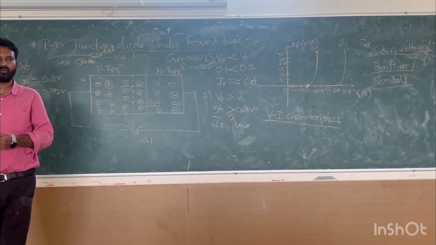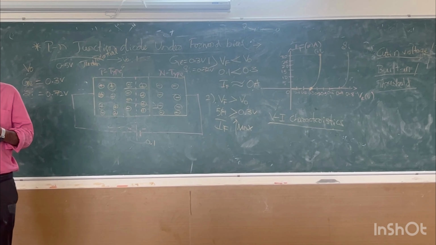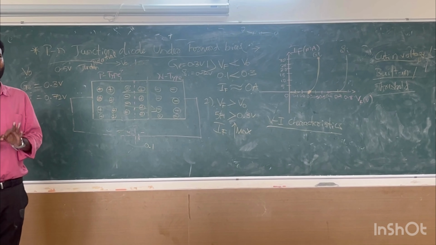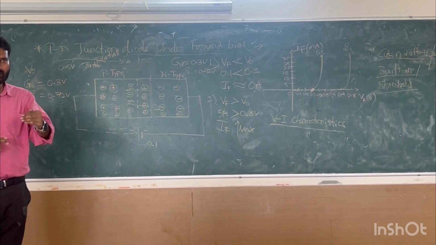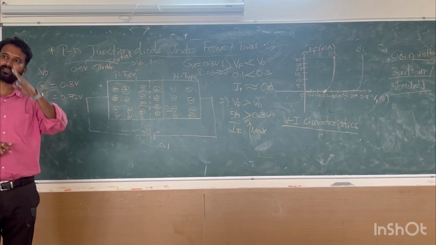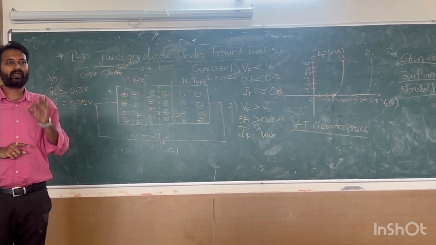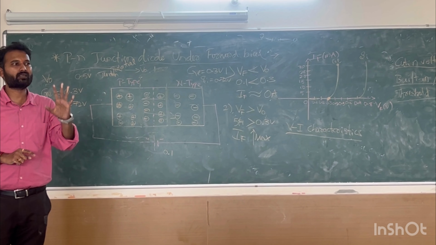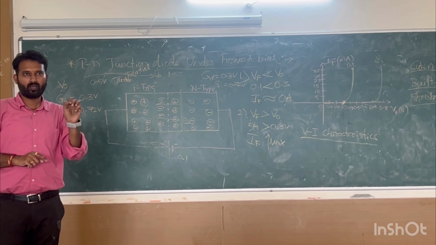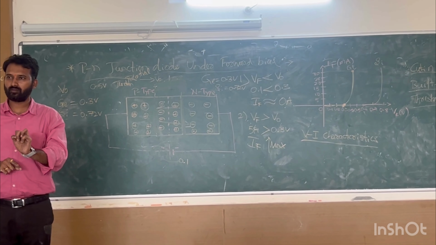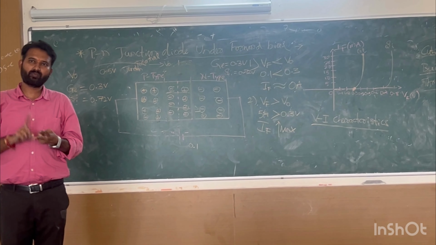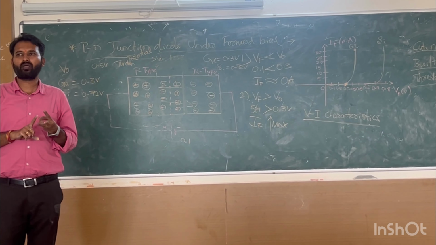So this is nothing but the PN junction diode under forward bias condition. Under forward bias, current increases rapidly, exponentially. If your diode is made up of germanium, it is 0.3 volt. If made up of silicon, it is 0.7 volt. Those are called cut-in voltage, built-in voltage or threshold voltage.